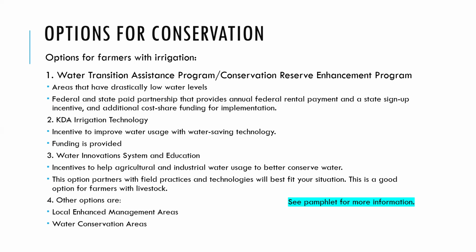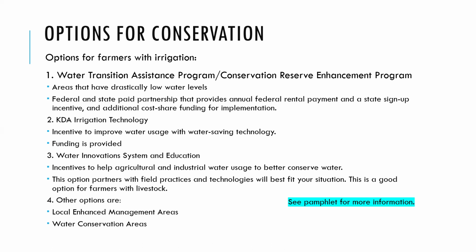These are incentives to help agricultural and industrial water usage to better conserve water. This option partners with field practices and technologies that will best fit your situation. From what I read and understand, this might be a good option for farmers with livestock.